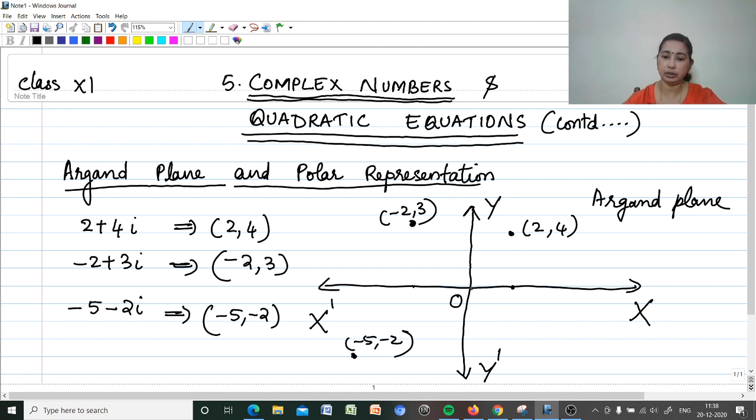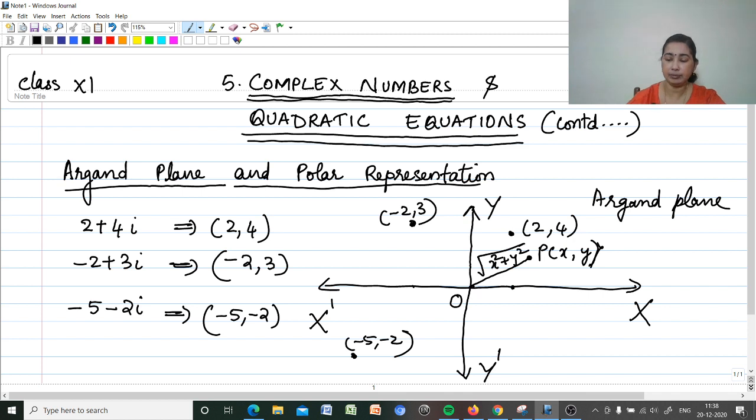Now, to find the distance between a point P of x comma y and the origin, how do we find the distance from O to P? It is root of x square plus y square.